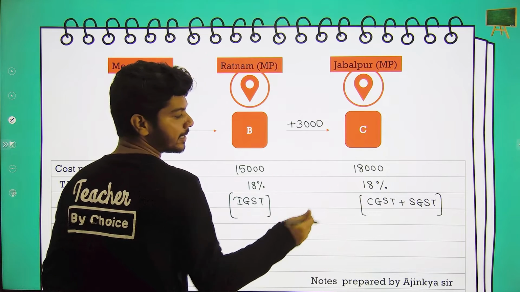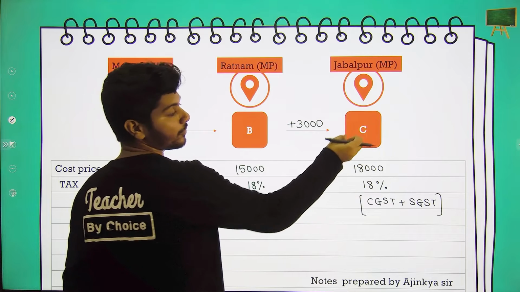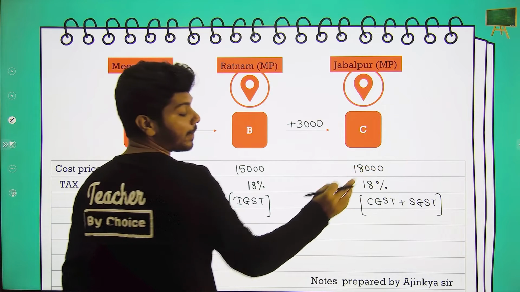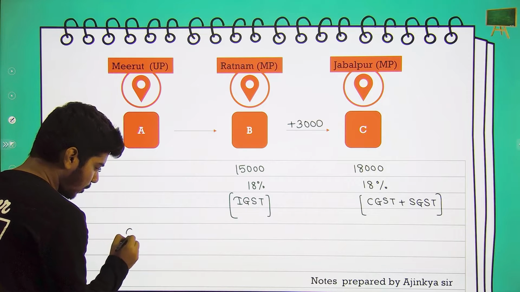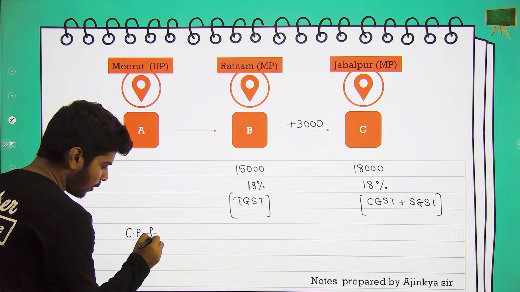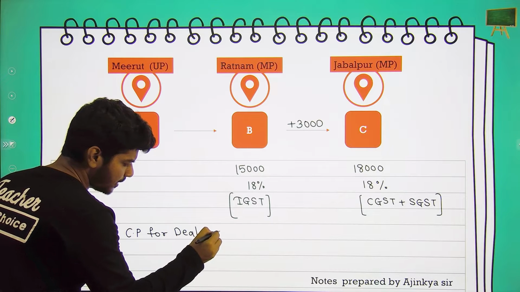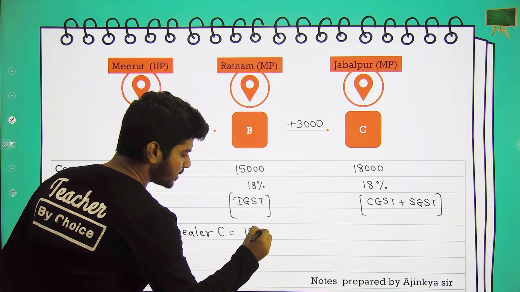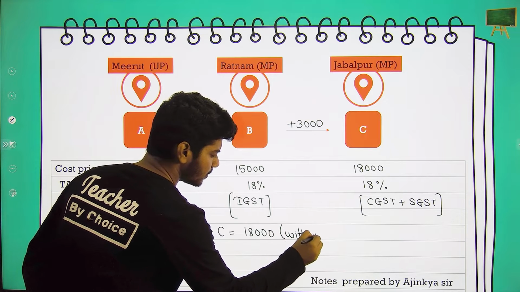Okay, so this is the cost price for dealer C, but we will calculate it inclusive of tax. The cost price for dealer C is 18,000 without tax.